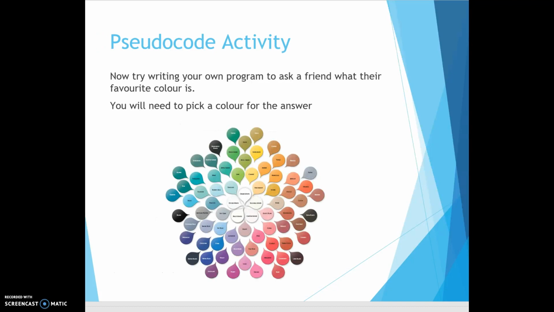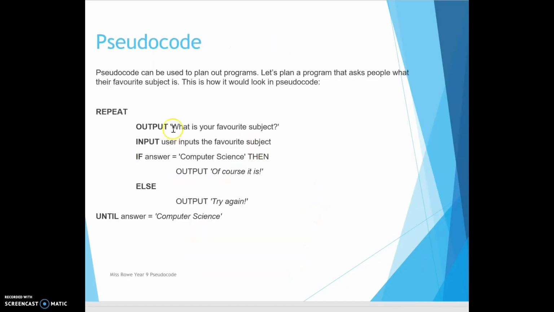Now try writing your own program to ask a friend what their favourite colour is. Looking back, obviously we've got all the colours there, you can just choose your own. I'll put what is your favourite colour, then use the input. If answer equals, I'll say blue, then output, of course it is, else, output, try again, until answer equals blue.